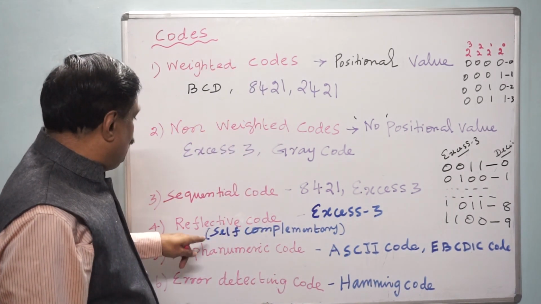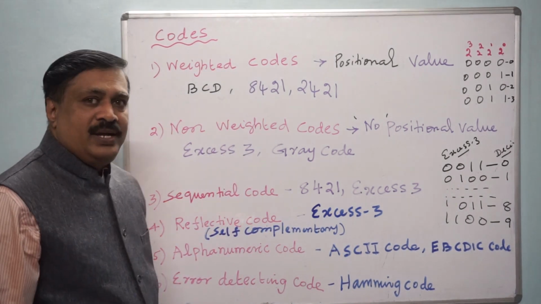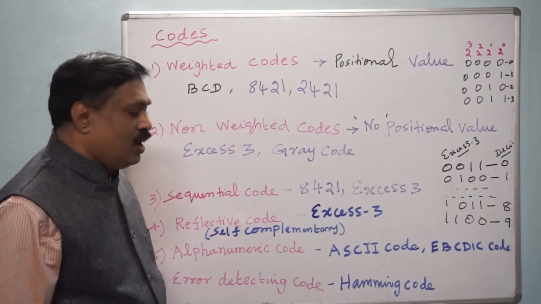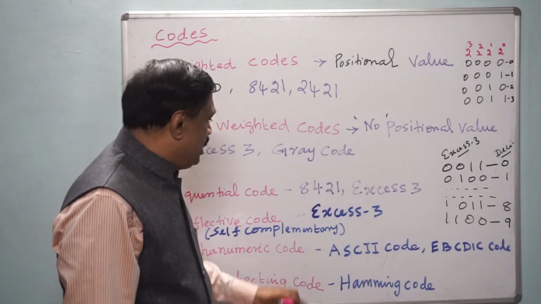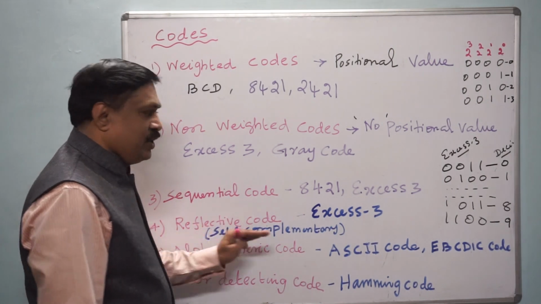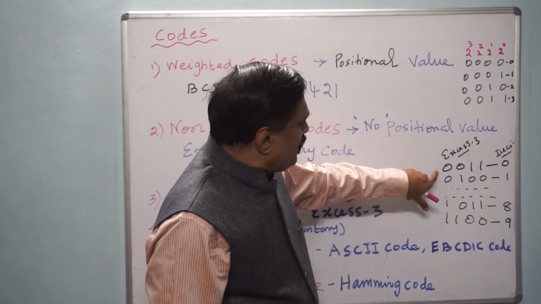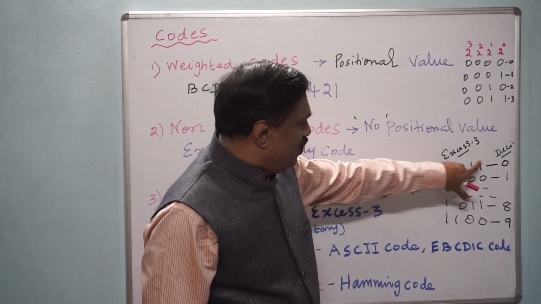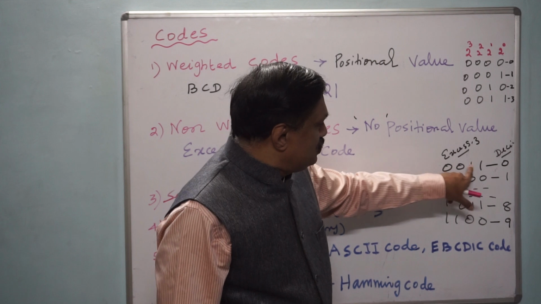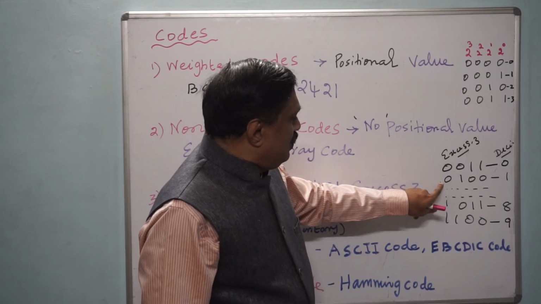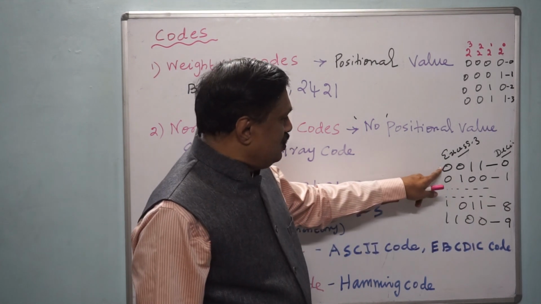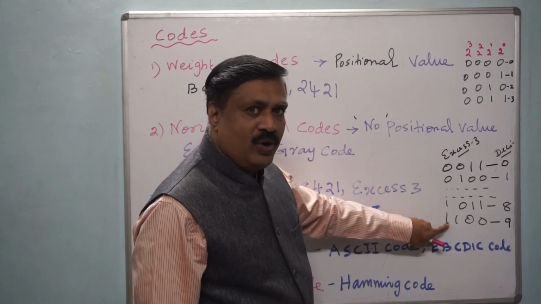And here the next one is reflective code. It is also called self-complementary code. Again, I have given an example for that. XS3 code is an example for reflective code. That means this is for decimal 0, the XS3 code 0011, and for 9, 1100.